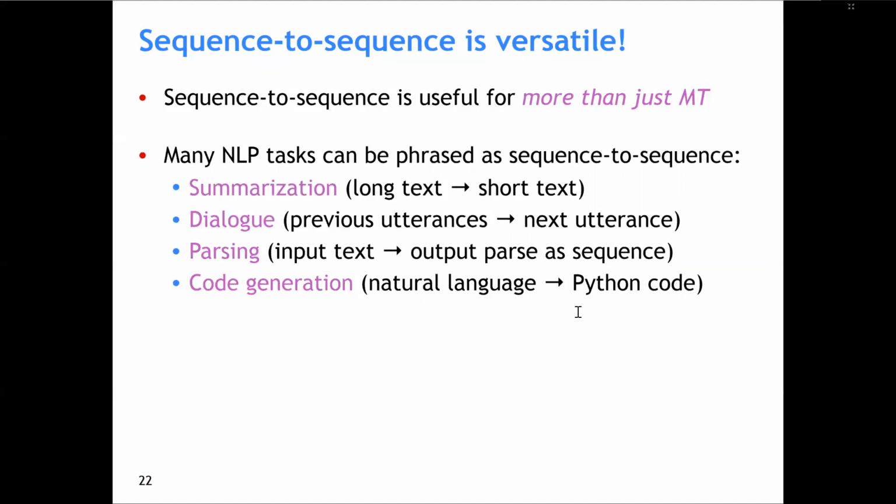You want to output your parse as a sequence, and dependency parsing is one type of that, where you output the relationships of your words as a sequence. Code generation is also pretty cool: you write in simple language, and it automatically transforms it into code, Python, C++, or anything. That would be a cool project to test with.